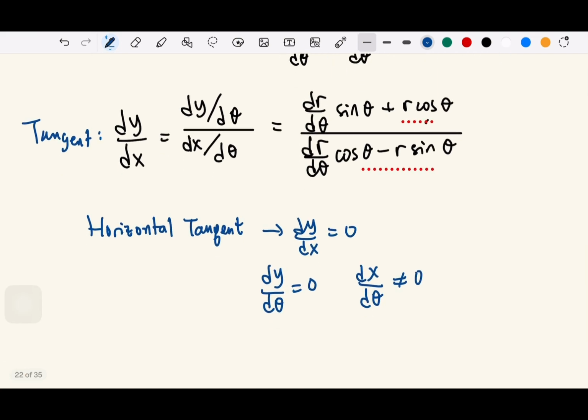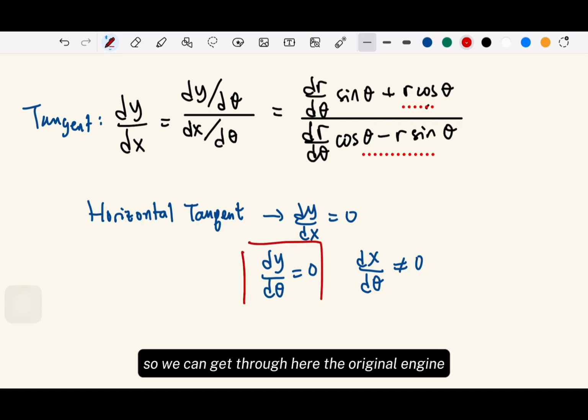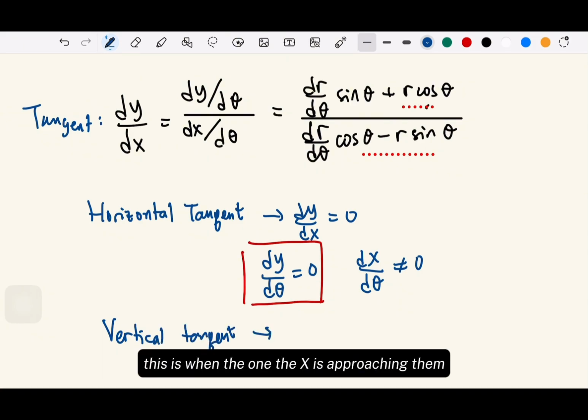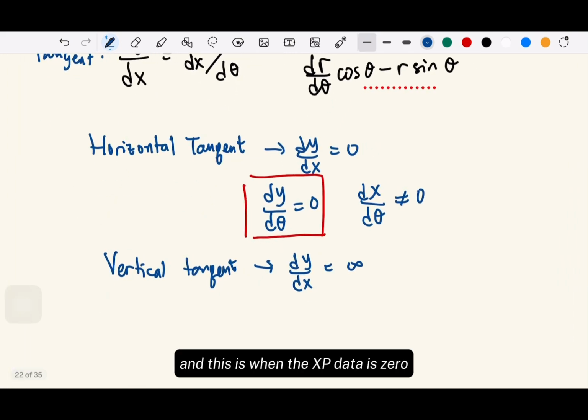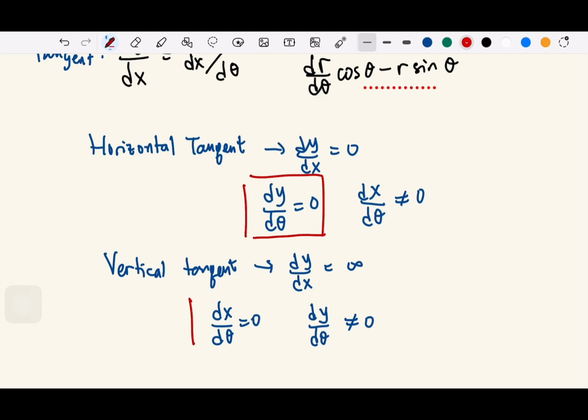Okay. So we can get through here for horizontal tangent, and we also can take the vertical tangent. This is when dy dx is approaching, let me just write infinity. And this is when dx d theta is 0, provided that dy d theta is not 0. So this one here.